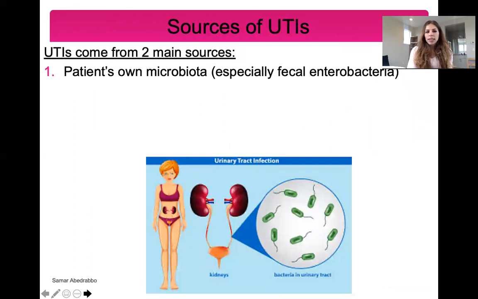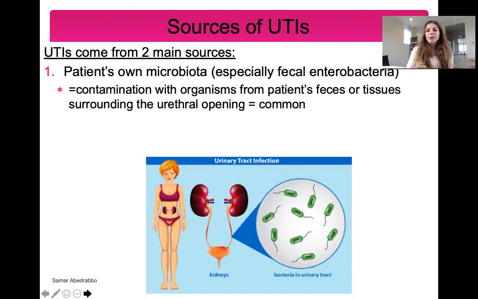So urinary tract infections can come from two main sources. The main source that urinary tract infections come from is the patient's own microbiota. We have our own bacteria in us, but they should stay in their location. If they go somewhere where they're not, they could cause an infection, a UTI.